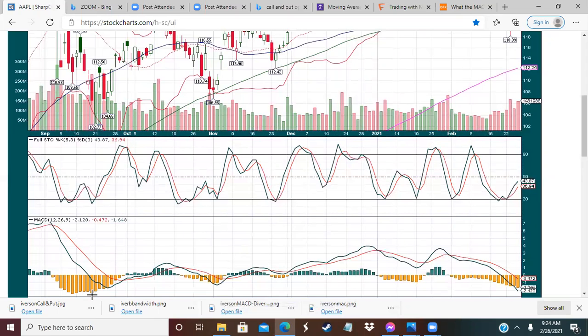All right. And if you get in at the bottom right here, at the bottom of that slope, you catch that slope and you ride it up, you'll see that the price of the stock also moves up with that slope. All right. So that's how you make your money. Okay. Then you catch it again at the top here.